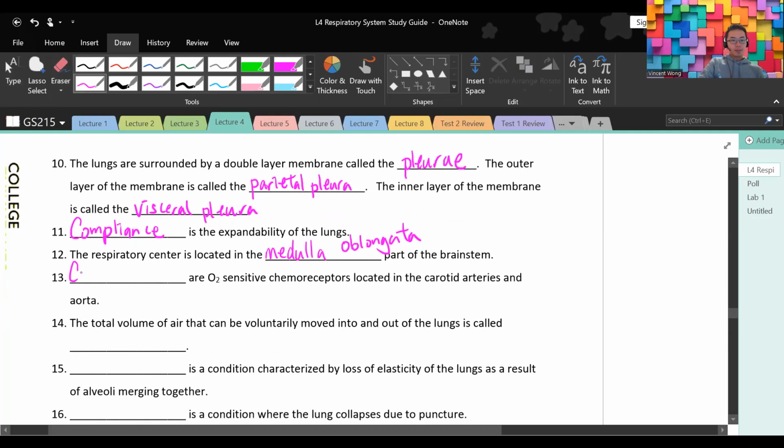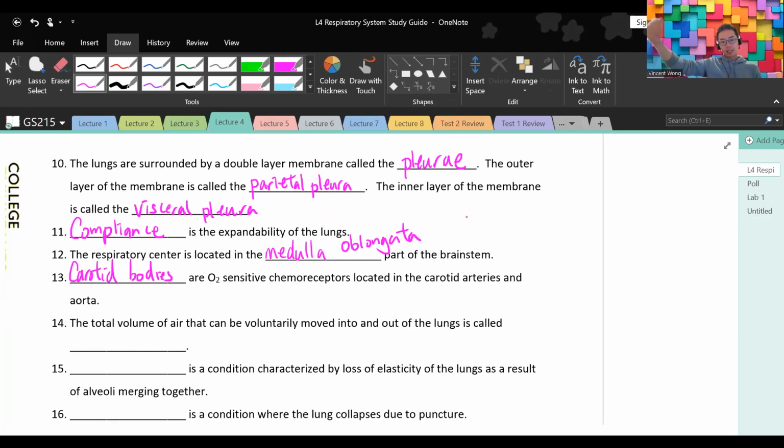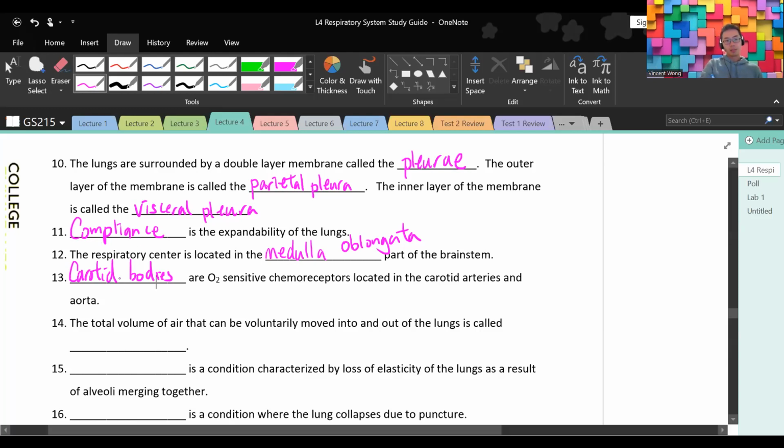The carotid bodies are O2 sensitive chemoreceptors located in the carotid artery right here and the aorta. Okay, so as a backup, if the medulla oblongata doesn't kick in when there's not enough air in the body, then the carotid body will stimulate it to make sure you breathe.